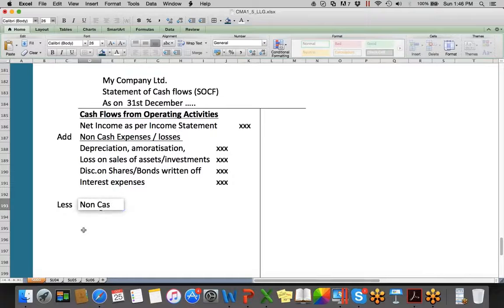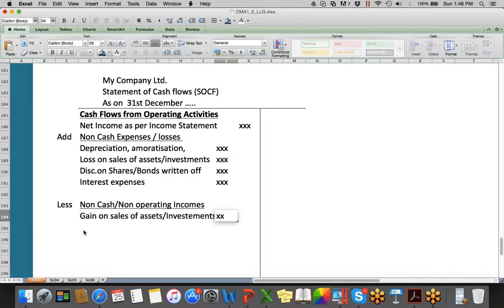This amount is to be added back, less non-cash, non-operating incomes or gains. Incomes or gains, you can say. Okay, which include gain on sale of assets or investments.